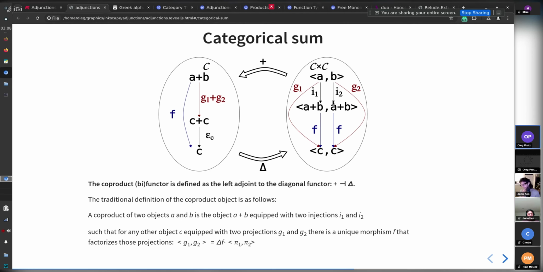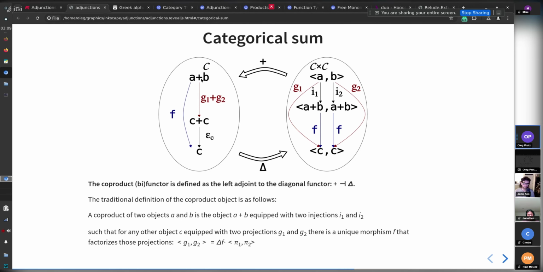So not the projection. The injections are the unit of the adjunction, and there is a Haskell function. If you take C to be set, the co-product is called the sum type or disjoint union.